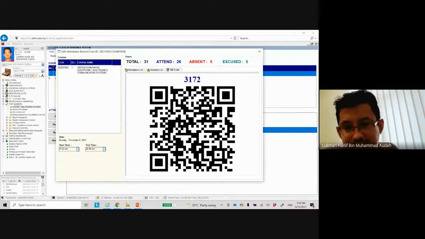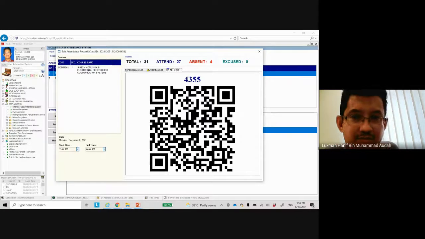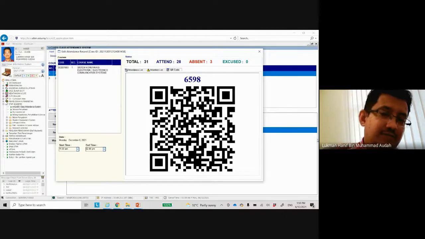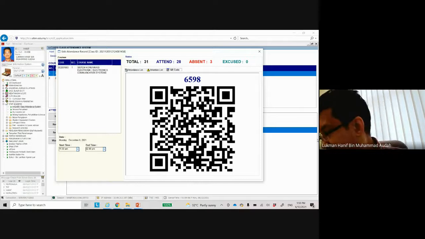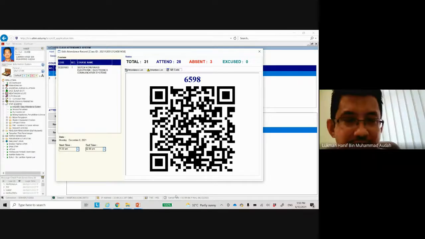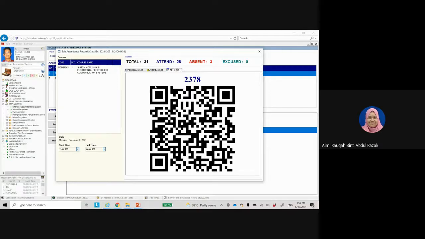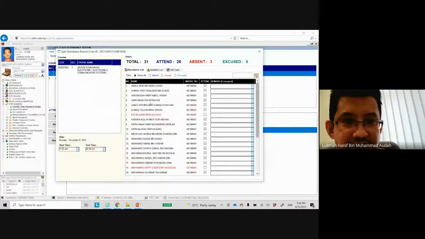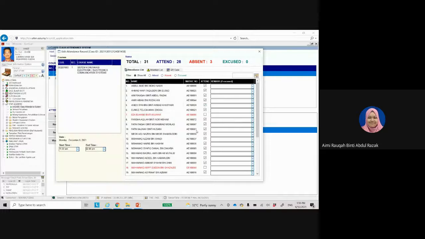Siapa lagi tak dapat scan? Semua dah scan? Ada lagi yang tak dapat scan? Doktor, saya tak lepas. Nama siapa? Anis Syahira. Dah ke? Dah. Okey, terima kasih.